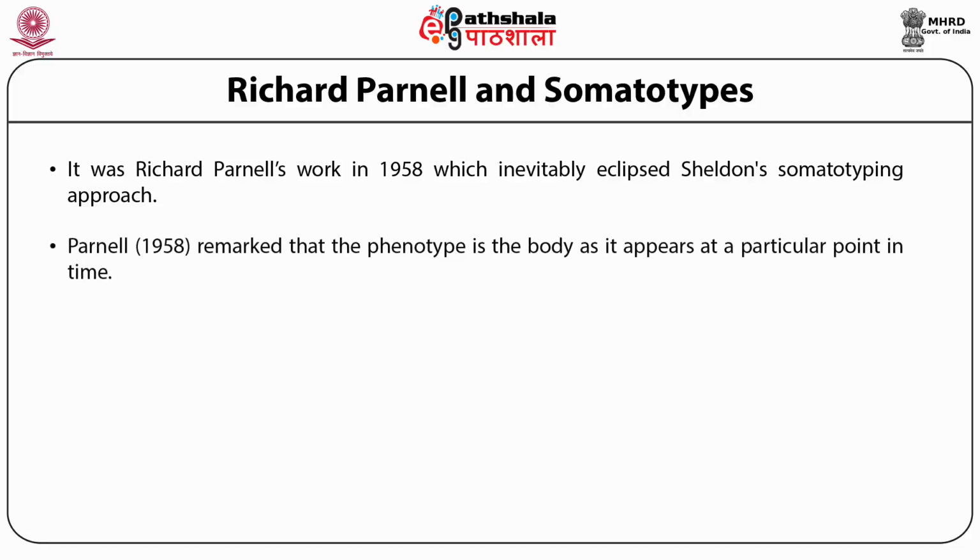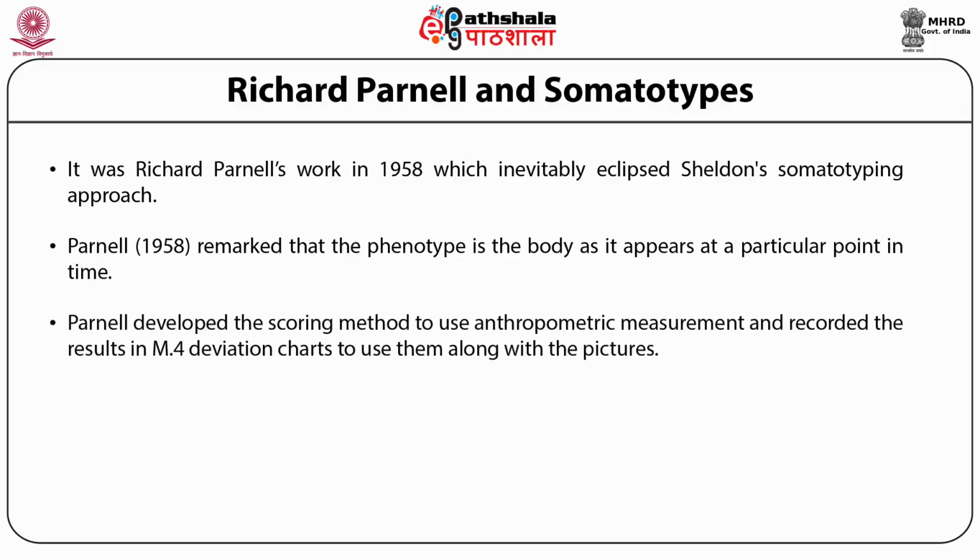Parnell remarked that phenotype is the body as it appears at a particular point of time. Because of this, Parnell indicated that his method for somatotyping was not a good variable for prediction purposes. Parnell labeled his physical types on the chart as fat, muscularity, and linearity, which correspond to Sheldon's classification of endomorph, mesomorph, and ectomorph respectively.